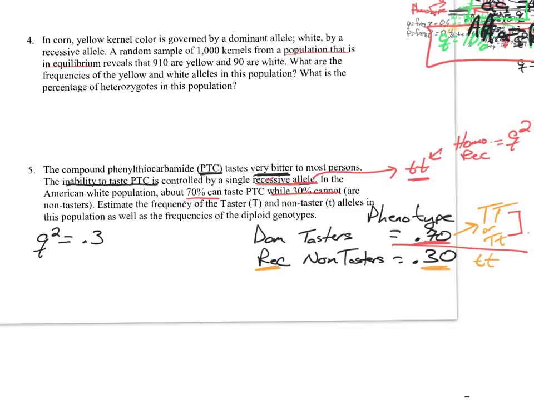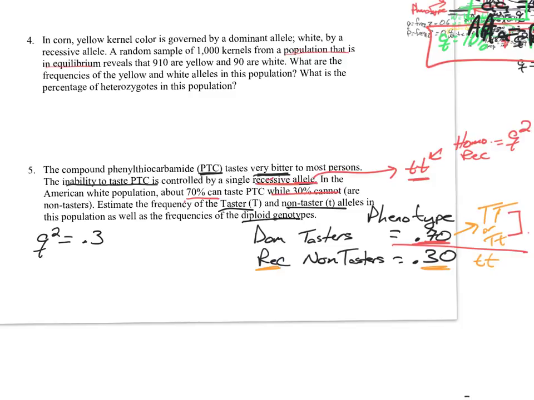I got to find out what? Estimate the frequency of big T, I got to estimate the frequency of little t, right? And what else do I need? In this population, as well as the frequencies of the diploid genotypes. Diploid means two genes.